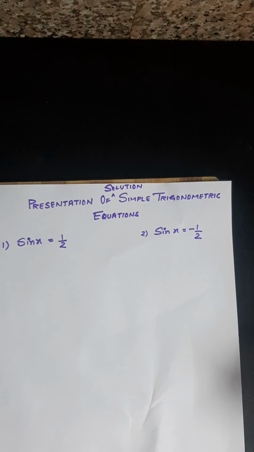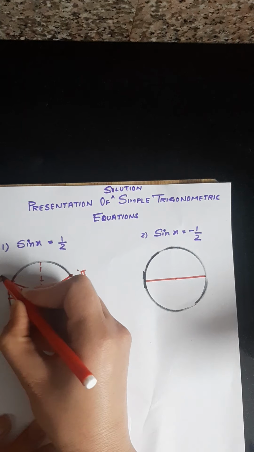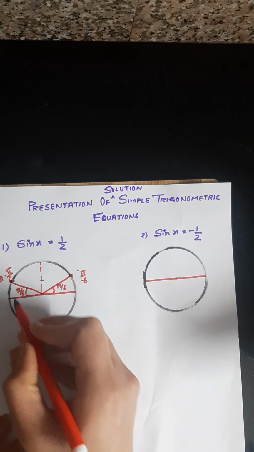So this is your pi by 6, and this is also pi by 6. This position is called the pi by 6 position, and this is called the pi minus pi by 6 position.